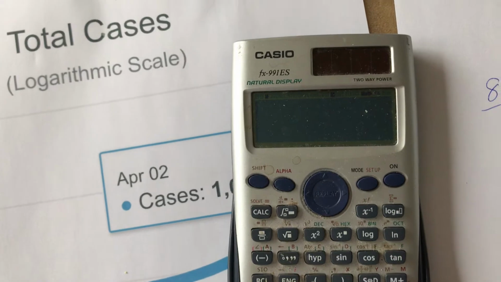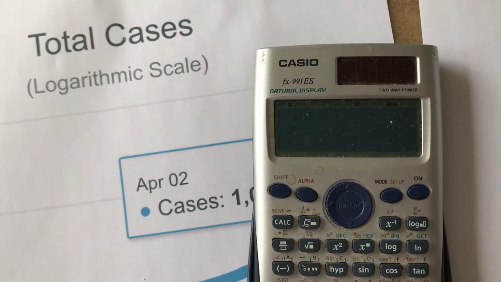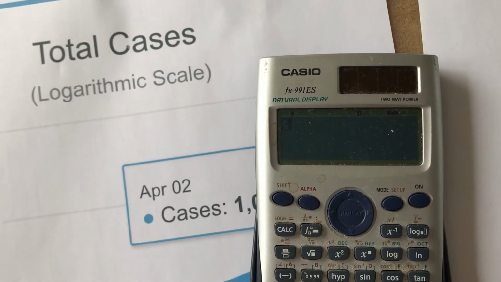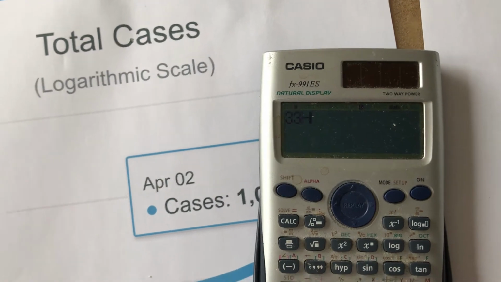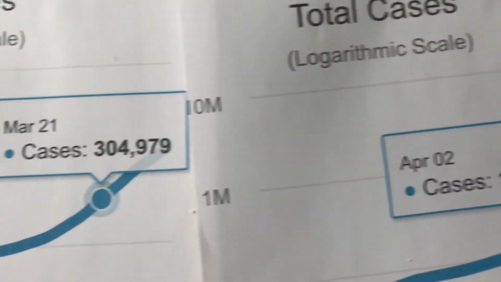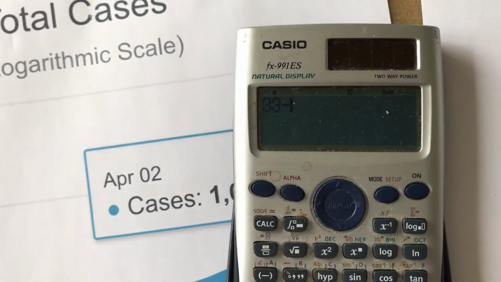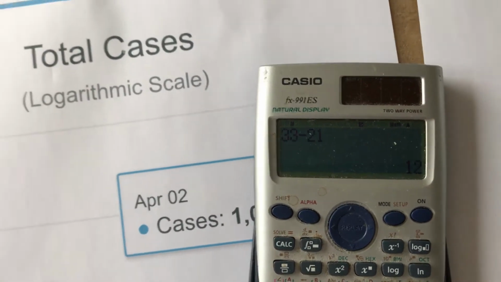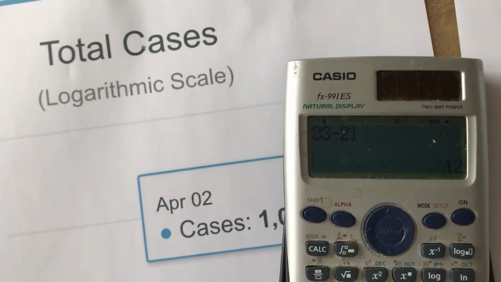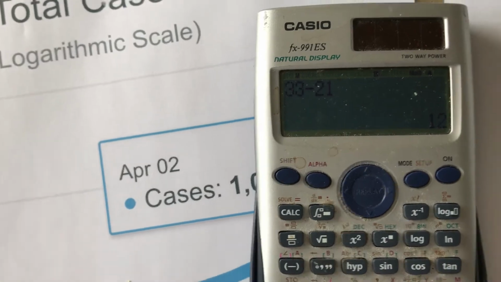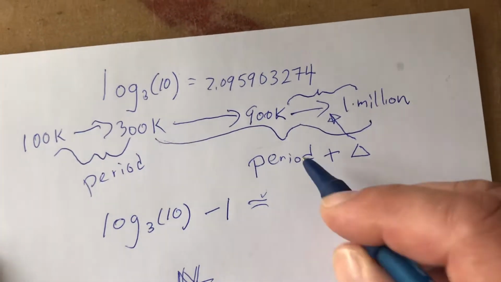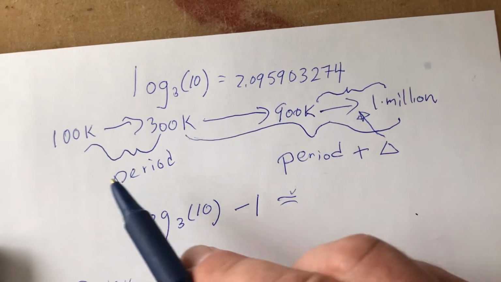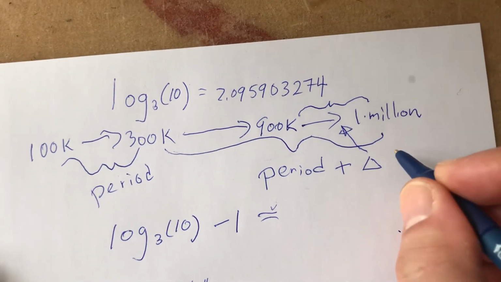And April 2nd, that's like 31 plus 2, so you can say 33 days minus 21. That is equal to 12.